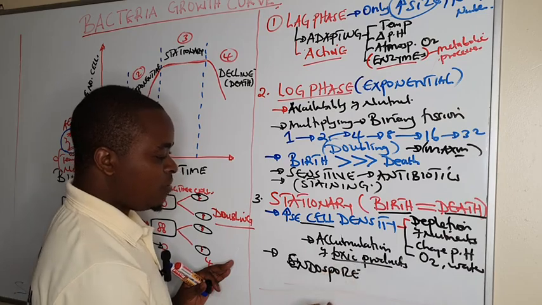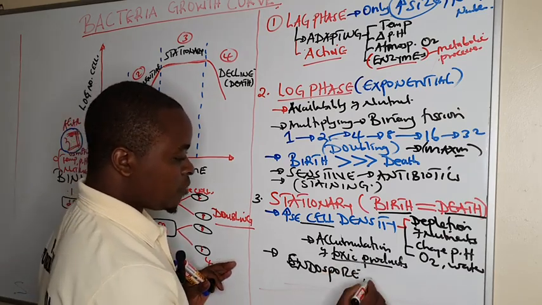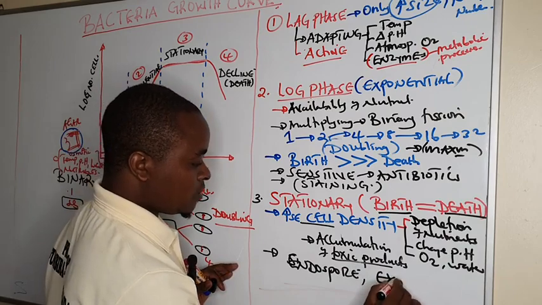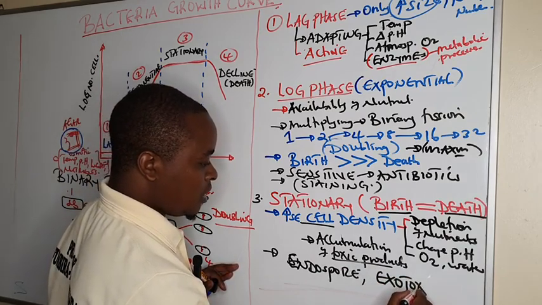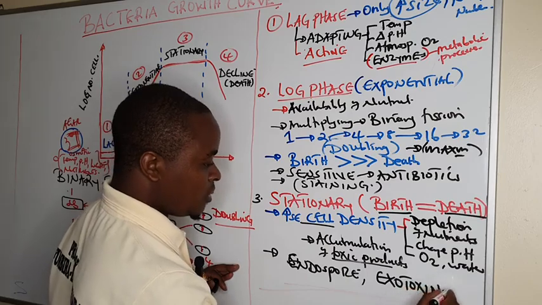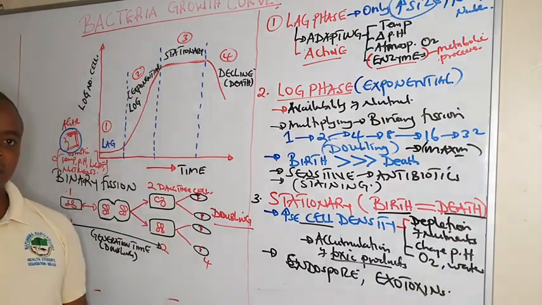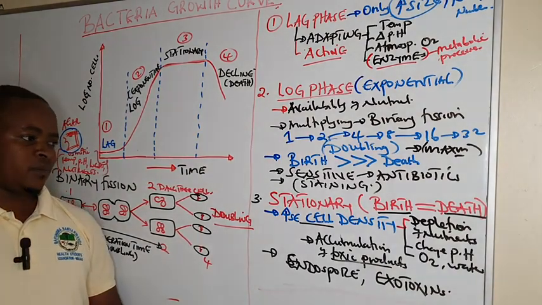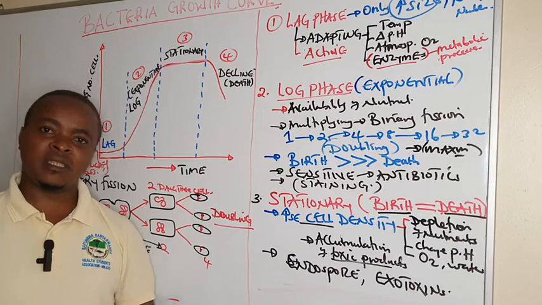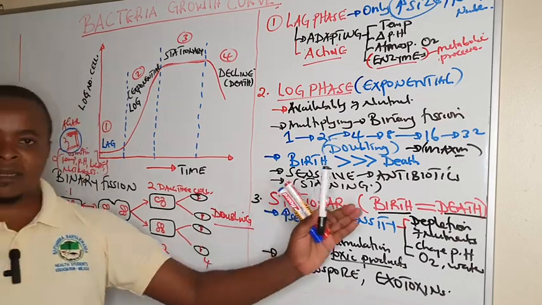And it is at this stage whereby we see the bacteria start producing endospores, so that they can survive in this harsh environment. They begin producing exotoxins and endotoxins, which are destroying other cells. So these are some of the things which are causing the birth number to be the same as the death number.